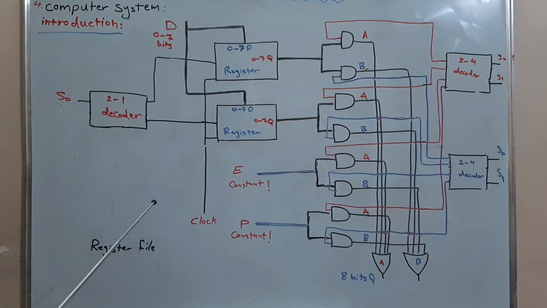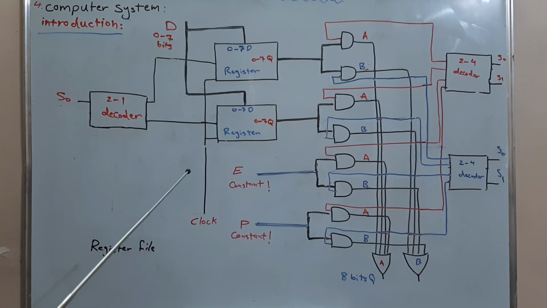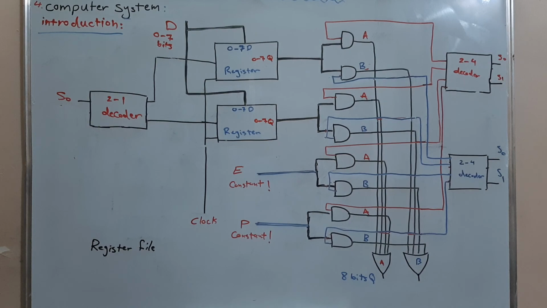The second thing is that the third and the fourth registers are removed from our circuit, because the third location and the fourth location will be used to input an 8-bit value, which are E and P, and both are constants, and that will be explained later.